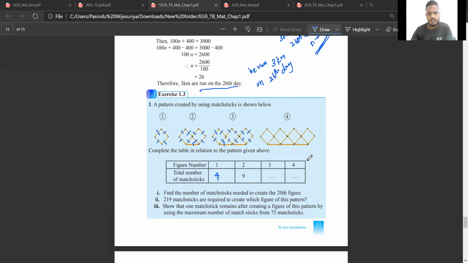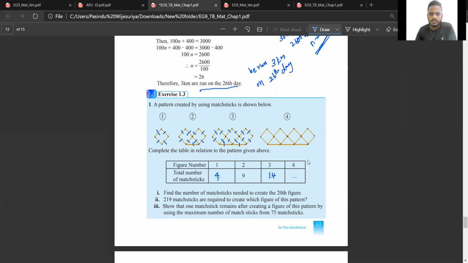Yes. Just like that, you can count the numbers and count it. 4, 8, 12, 13, 14. So you can see that there's a common gap from here. From 9 to 14, there's 5.